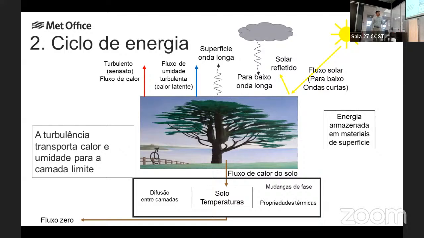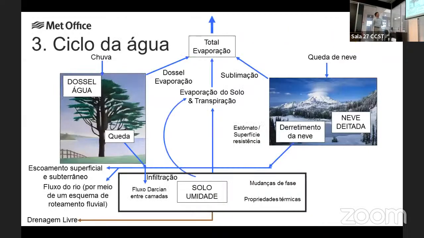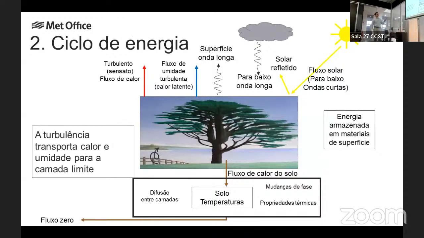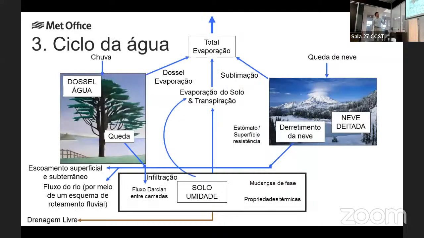I haven't got any equations for you, but if you're interested, I can show you them on paper. So that's fairly complicated, because you've got to consider the parameterization of the canopy and how, say, different tiles work. You're going to have a blast with the water cycle of the model.